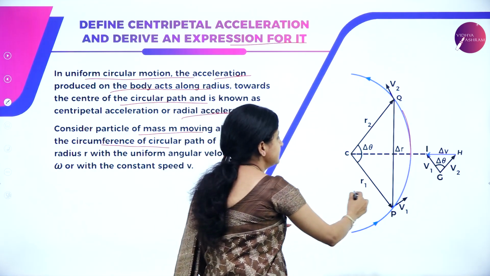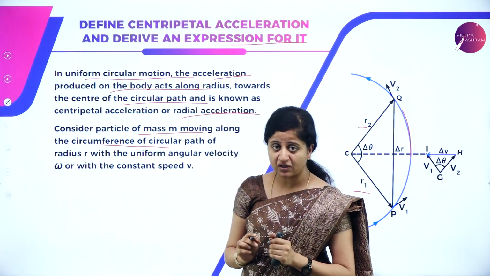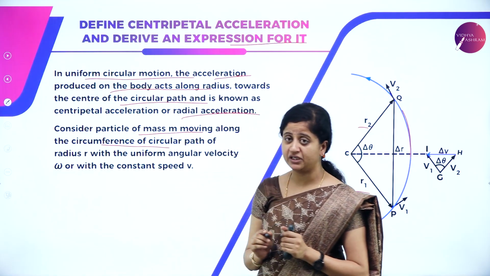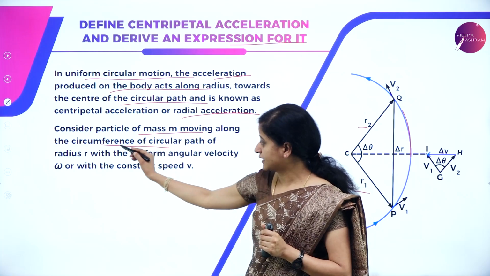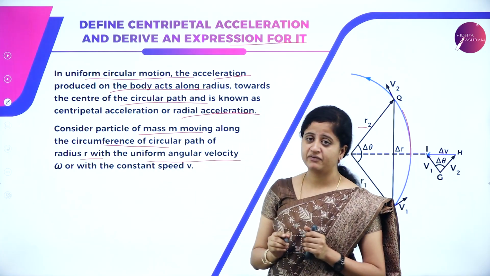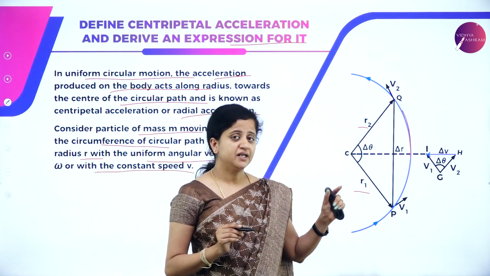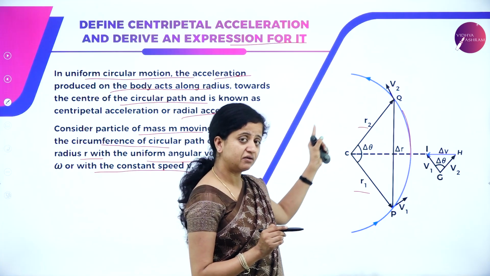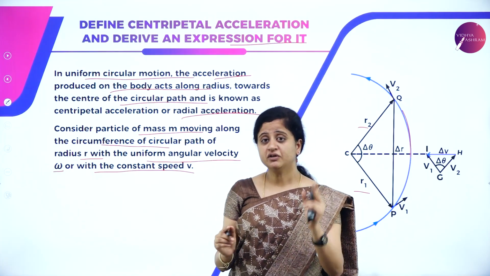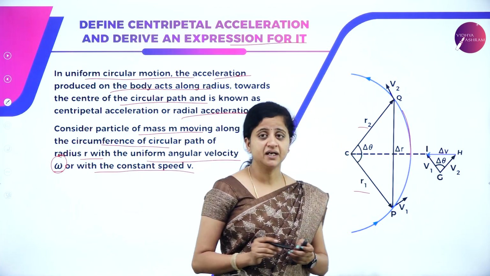Let us consider r1 and r2 as the position vectors, and they are moving with the velocities v1 and v2. So here the circumference of the circular path of radius r has uniform angular velocity omega, or constant speed v. The body is travelling along the circumference of the circular path, which has uniform angular velocity omega, and the radius is given by r.